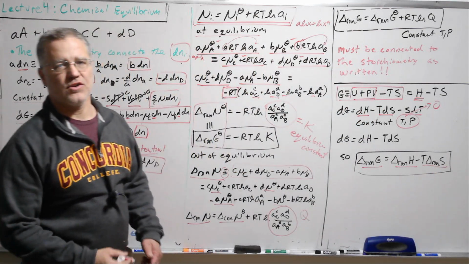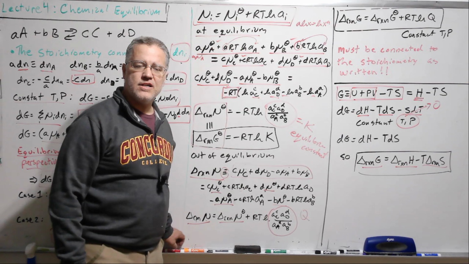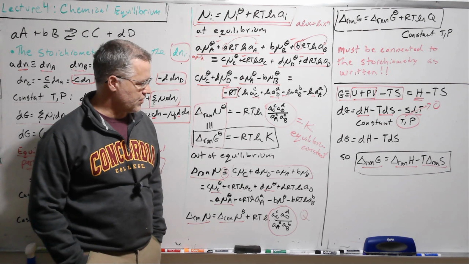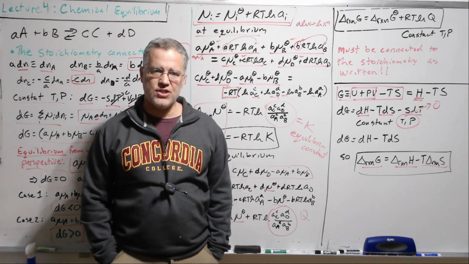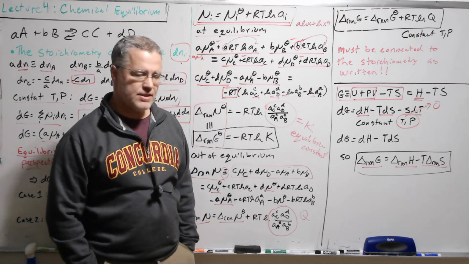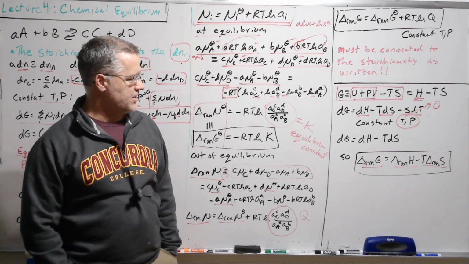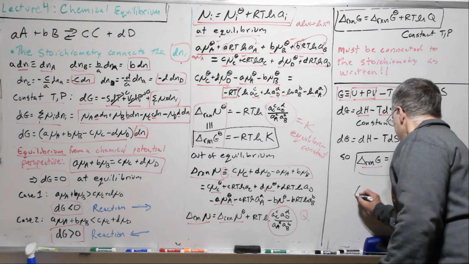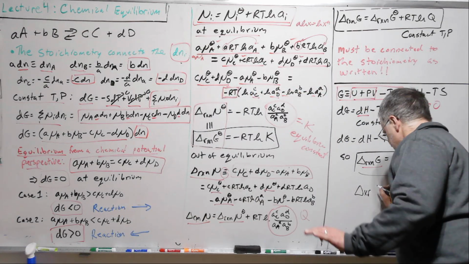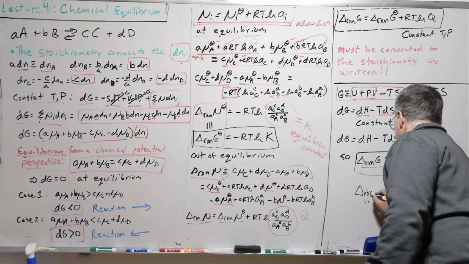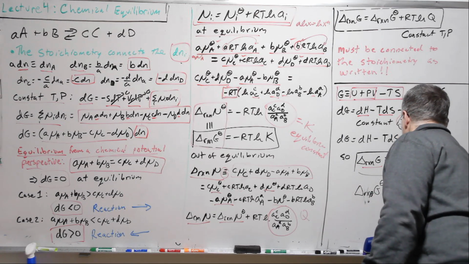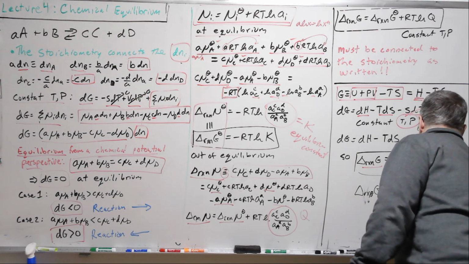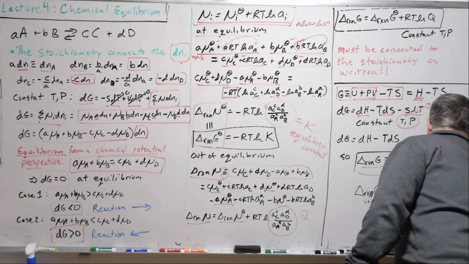So if we're under those conditions, then it's certainly going to be true for a chemical reaction. And this is the critical equation, the third critical equation that is generally expected to be taught in a first chemistry course. And that is delta reaction G equals delta reaction H minus T delta reaction S. And oftentimes you'll work with the standard state, but if this is always true for a reaction at constant temperature and pressure, then certainly it's true at standard conditions or at the reference conditions.